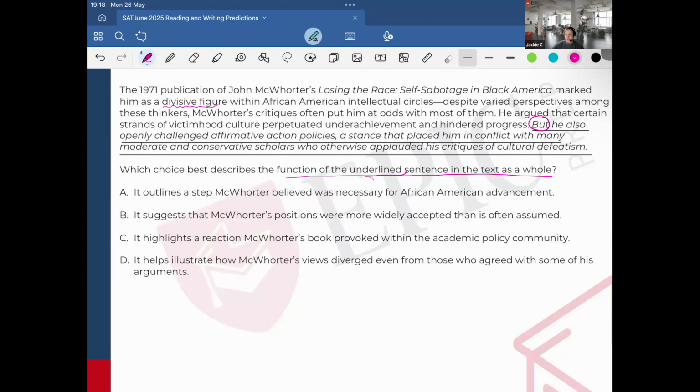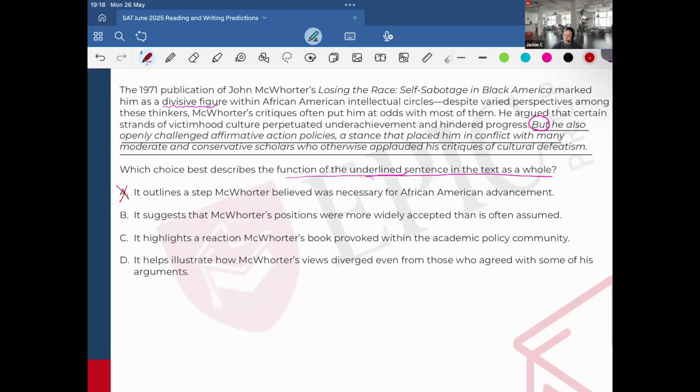So let's go through the answer choices. Option A, it outlines a step McWhorter believed was necessary for African American advancement. But this isn't saying what McWhorter thought should be done. It's just the reaction to his stance. It's not showing his proposed solutions.